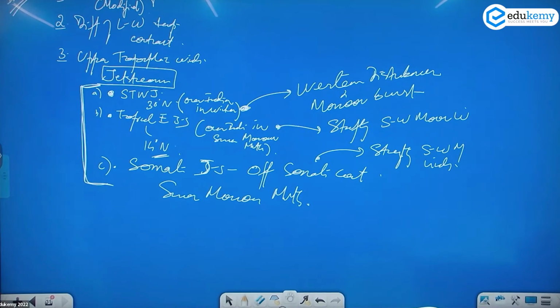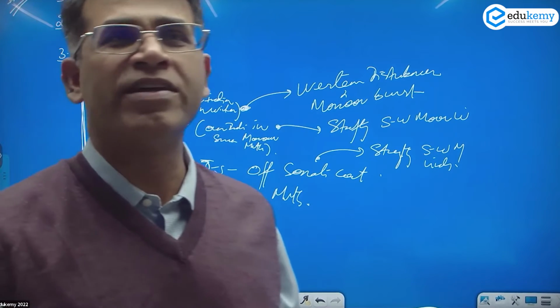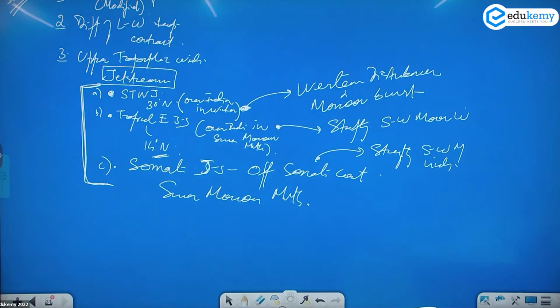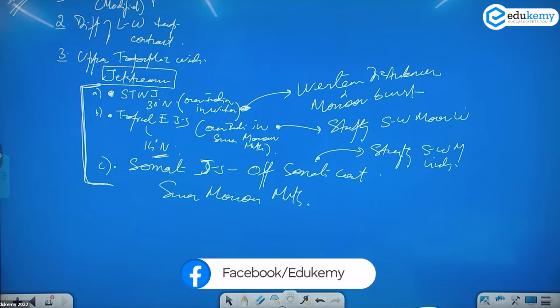The role of the STWJ is western disturbances and a phenomenon called monsoon burst. The monsoons happen suddenly. The monsoon rains happen suddenly along the Malabar coast. That is called monsoon burst.